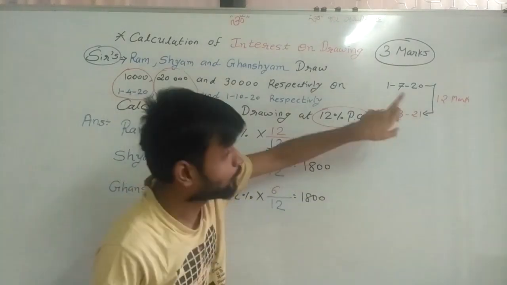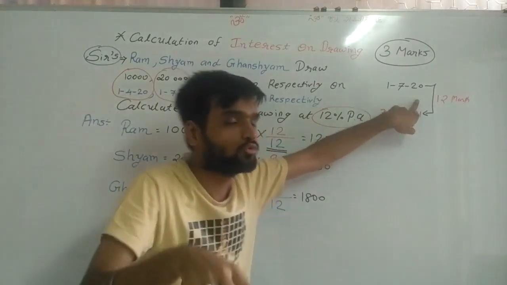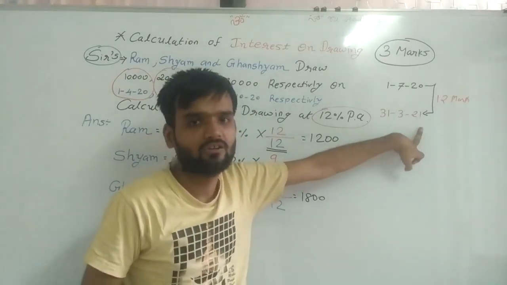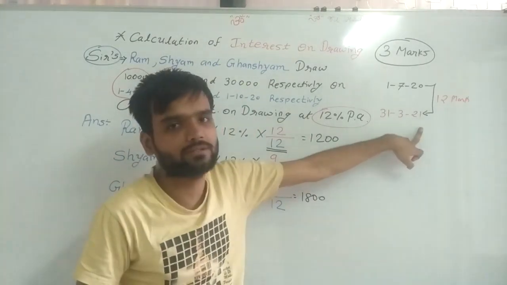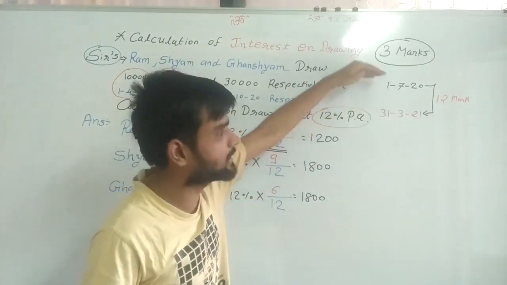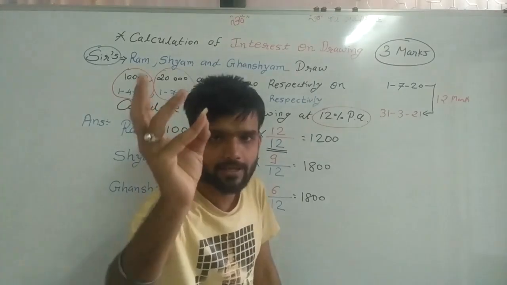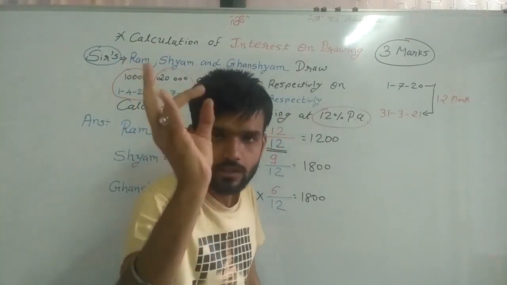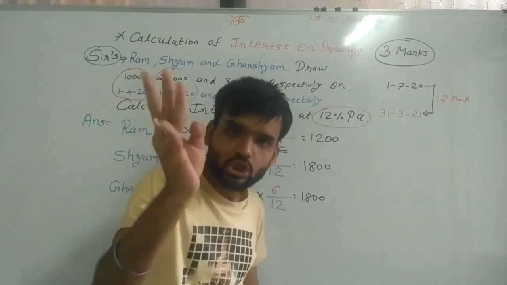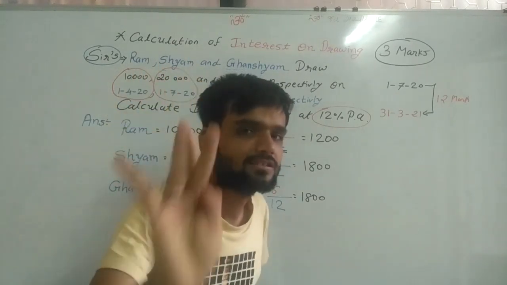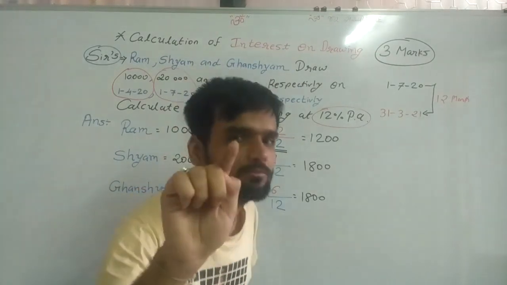Now from 1/7/20 to 31/3/21, how many months are there? First we need to calculate that. So start from the 7. Why 7? Because the 7th month is whole. So 7, 8, 9, 10, 11, 12, 1, 2 and 3. So 9 months are there.